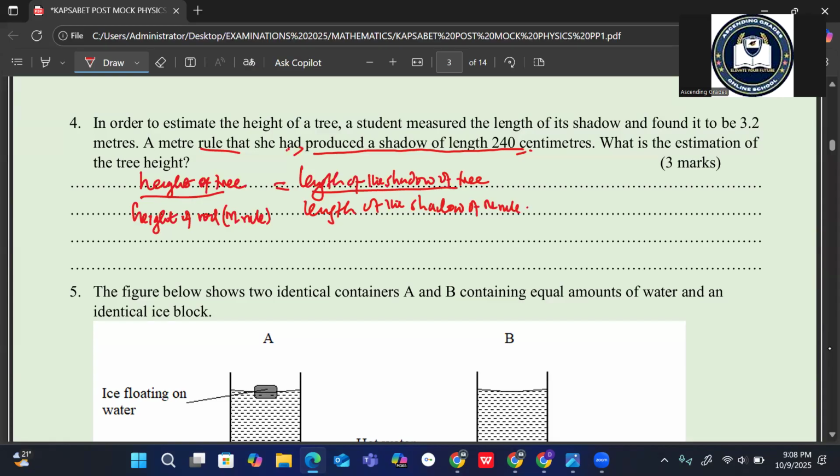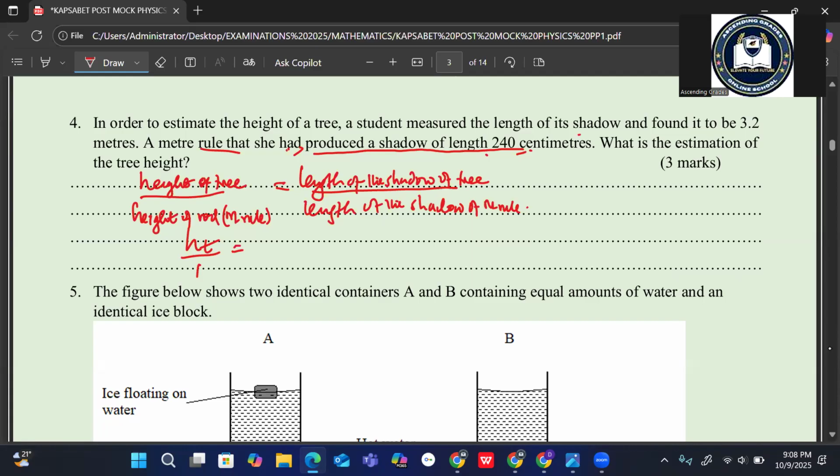So the height of tree, HT, will be given by the meter rule. We know that it is 1 meter, equal to the length of the shadow of the tree.